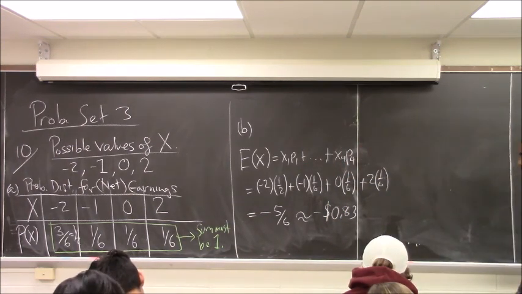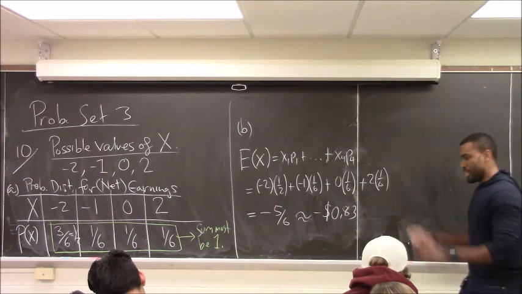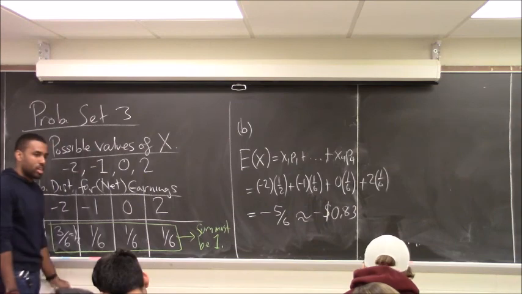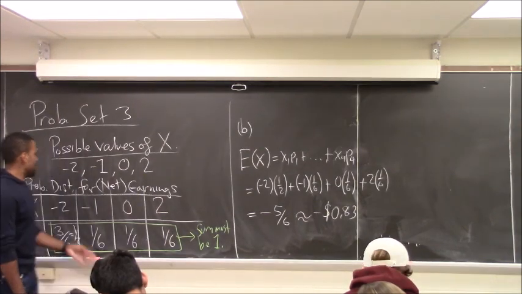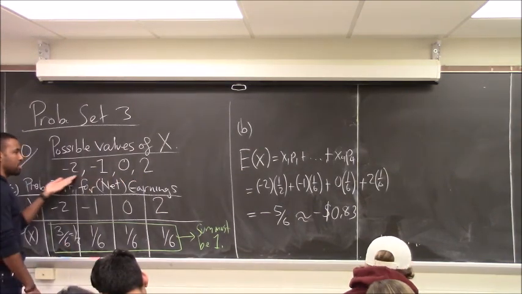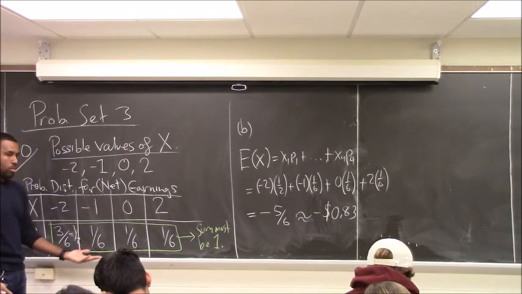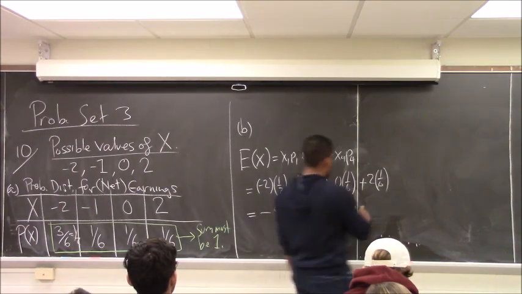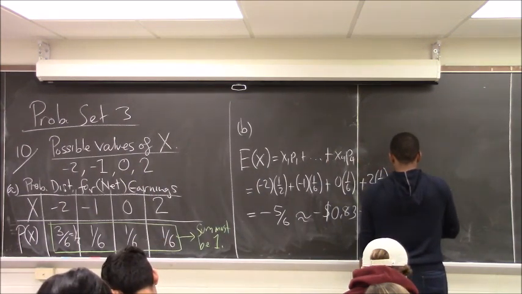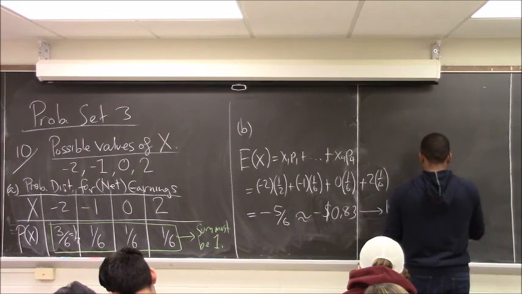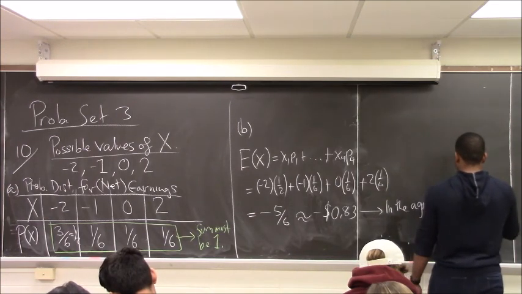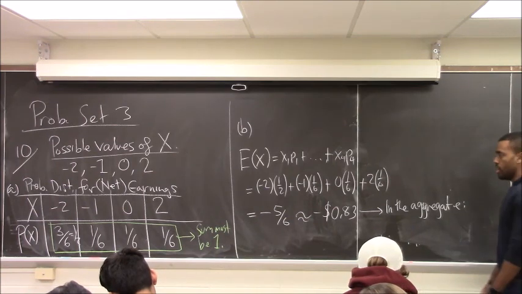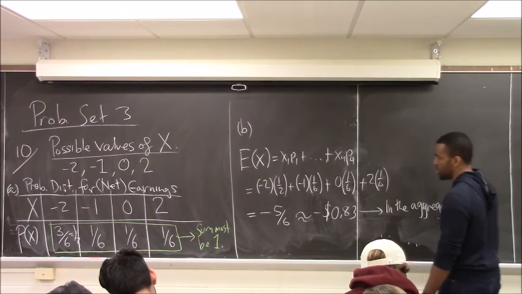Now, that is the average that you will gain from playing this game. You'll lose 83 cents on average. Now, is 83 cents an actual possibility of earnings? Well, no. But what that means is in the aggregate. If you play this game a lot of times, you can expect to lose about 83 cents for every dollar you put in.